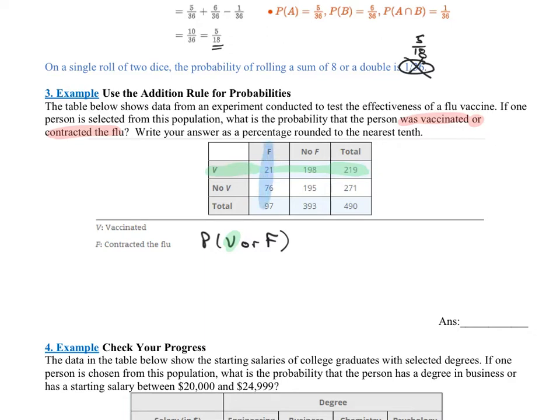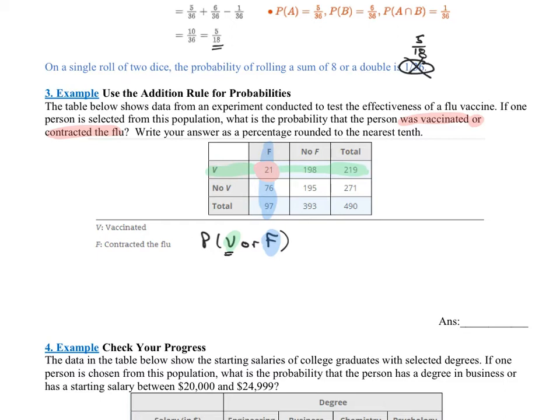If we look at the flu here, we have a total of 97 people who got the flu. But if you notice, the very, very important area, which I highlighted in red, are those who contracted the flu and were vaccinated, okay? So there is an overlap between these two sets, so I can't simply just add the total probabilities together. I also need to subtract off what they have in common.